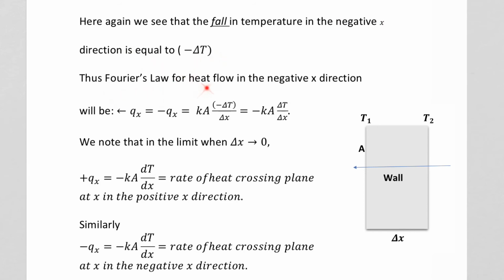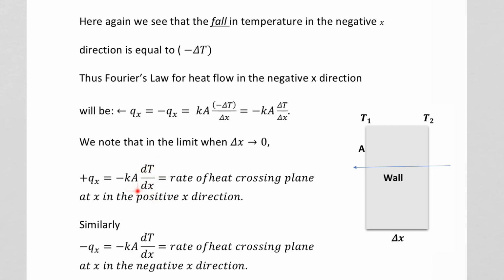Thus, Fourier's law for heat flow in the negative x direction is this symbol, which is equal to minus Qx. This equals KA minus delta T by delta x, which is equal to minus KA into delta T by delta x. We note that in the limit when delta x approaches 0, plus Qx is equal to minus KA delta T by delta x.